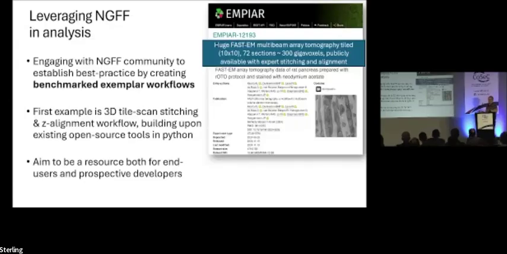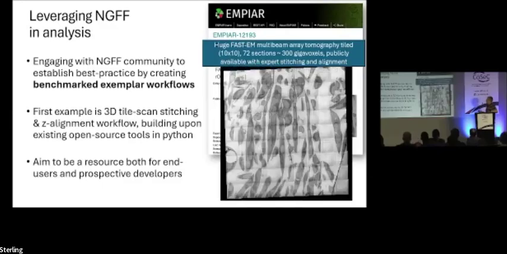We've chosen stitching and stacking these 3D imaging data sets together. So we've taken a publicly available data set. So it's something around 1 terabyte, I think, in total. It's a huge, big tiled, 10 by 10 tiled. Each tile is 6,000 by 6,000 pixels, 70 slices, many hundreds of gigavoxels.